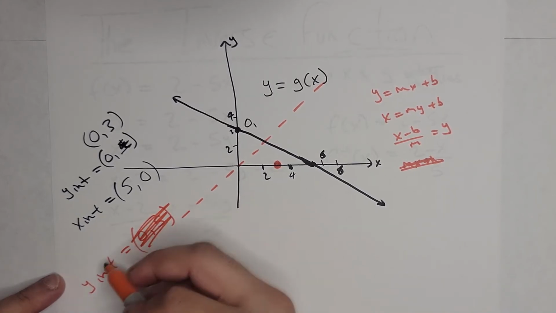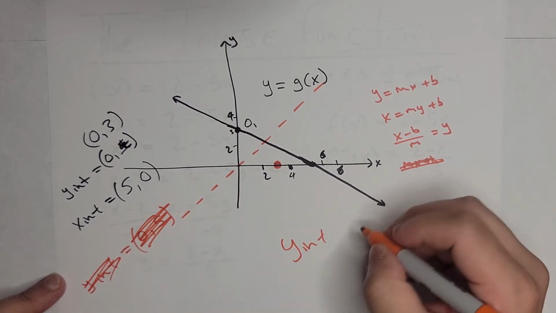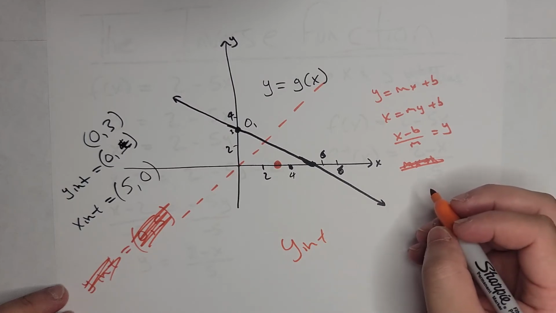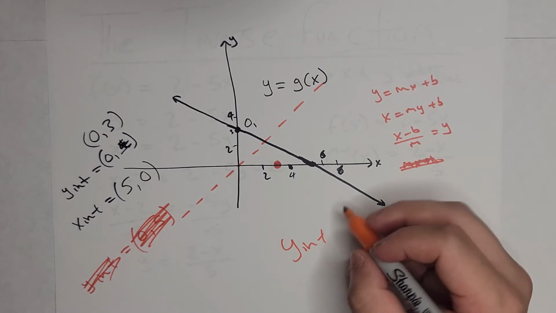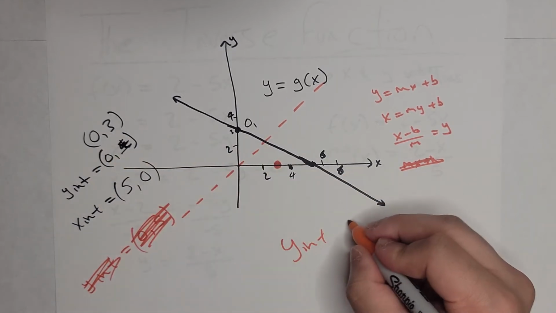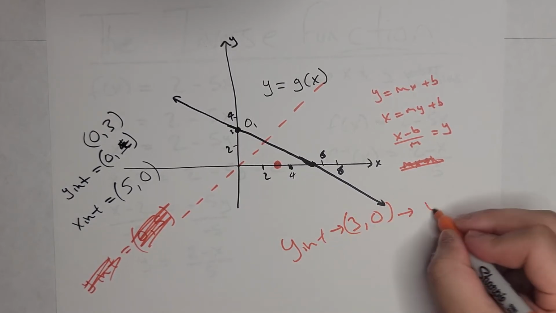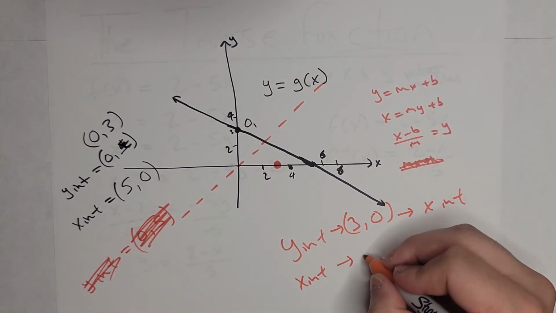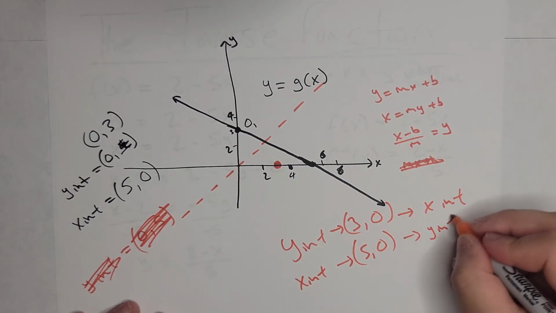And that is confusing. So our y-intercept, which was 0, comma 3, will invert and become 3, comma 0. And that'll become our new x-intercept. And our x-intercept, which was 5, comma 0, will invert and become our y-intercept.